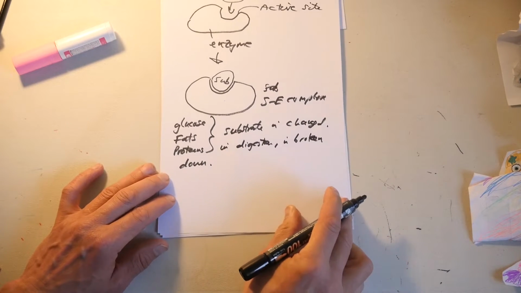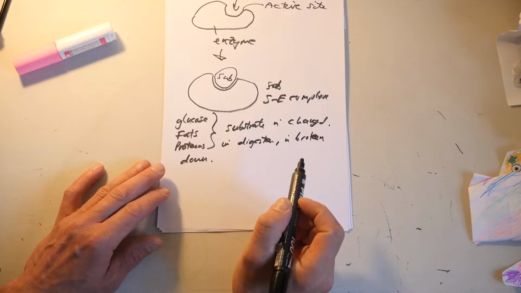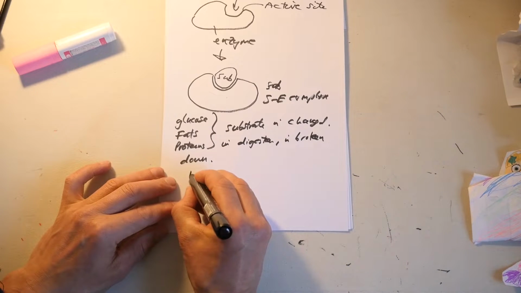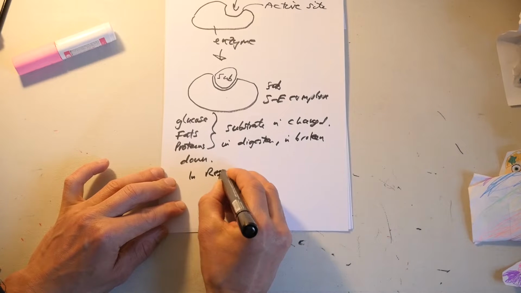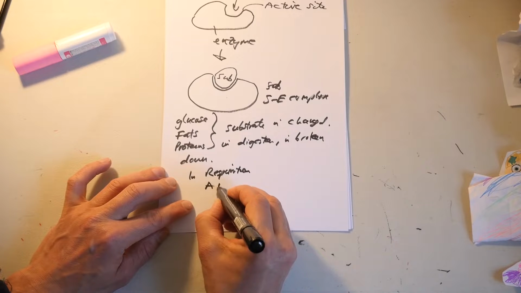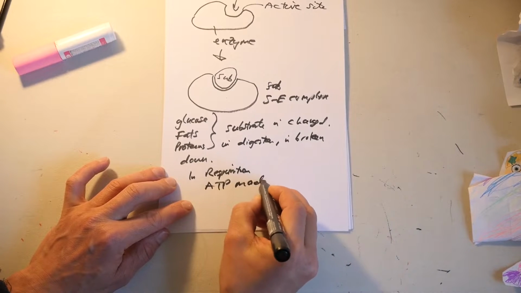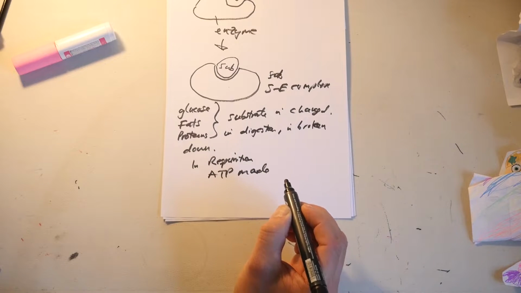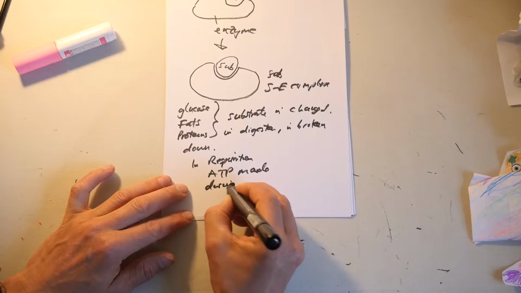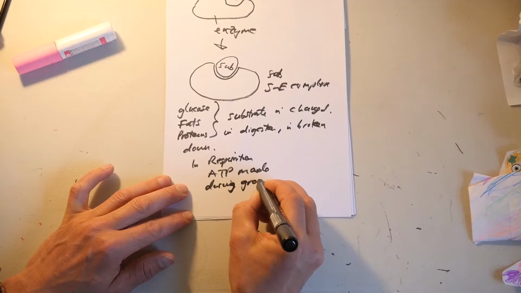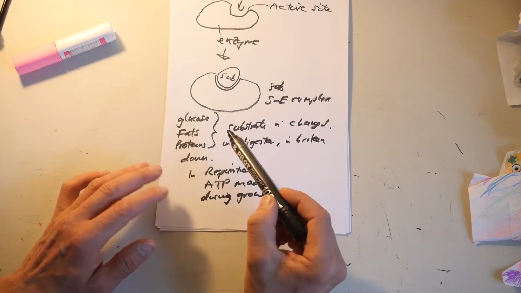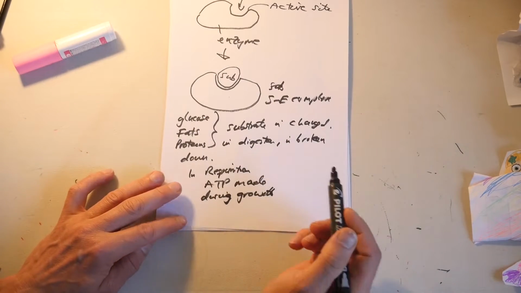But in other chemistry in your body in, say, respiration, when an ATP is made, okay, during growth, in that case, the substrate undergoes a change and becomes a product, okay?